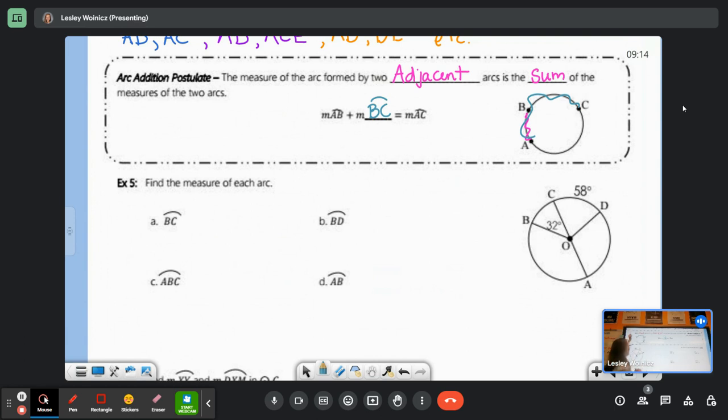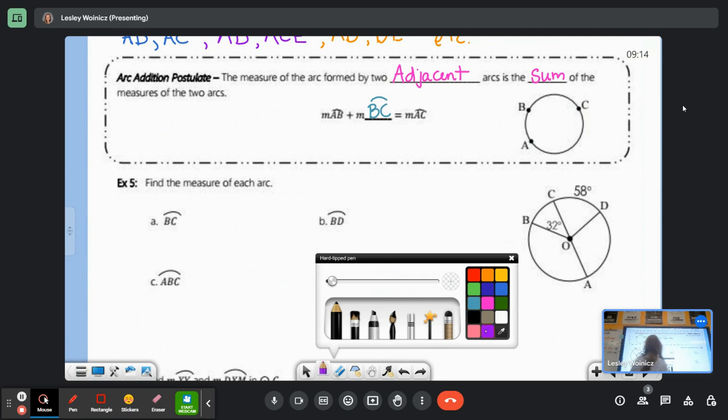So if I add AB and BC together, I get this whole arc. Just like when we added the segments together, we would get the big segment. Just like when we added the little baby adjacent angles together, we would get the big angle. Same thing. Okay. Find the measure of each arc.